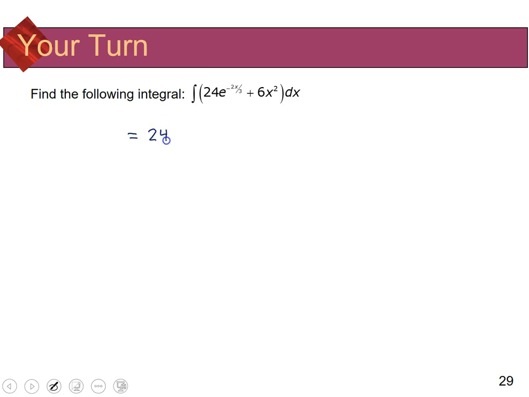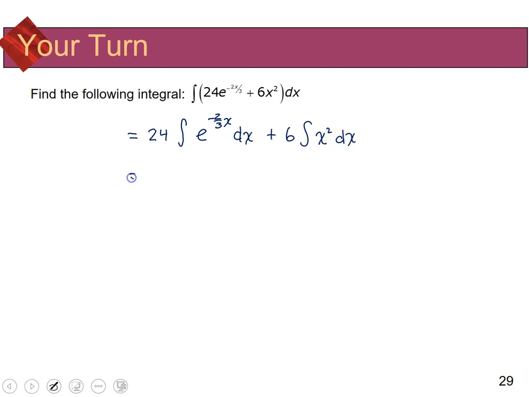Now again, I'm going to write this out a lot more thoroughly than a lot of you may do. I'm going to change that to a negative 2/3 times x. I move the constant of 24 to the outside, dx plus 6 times the integral of x squared dx.